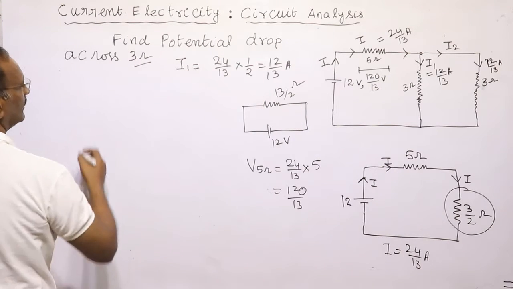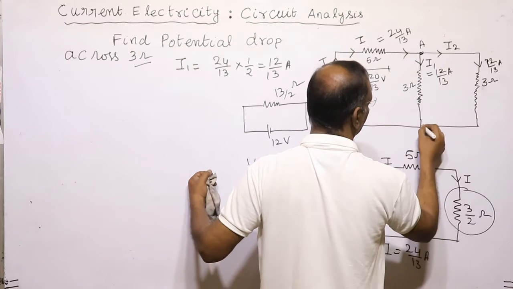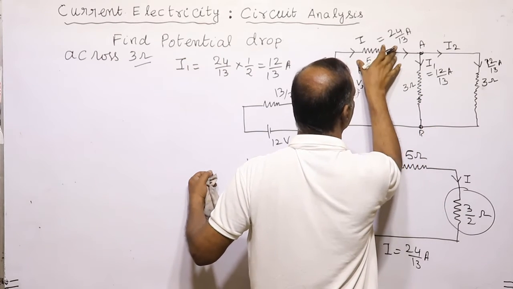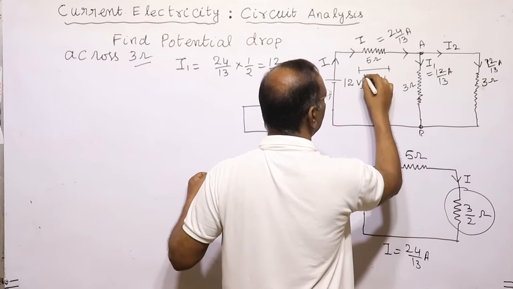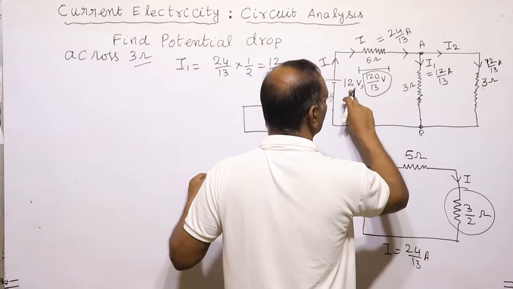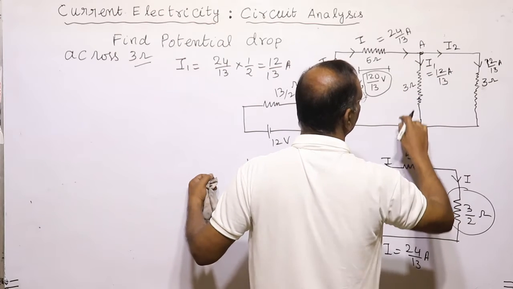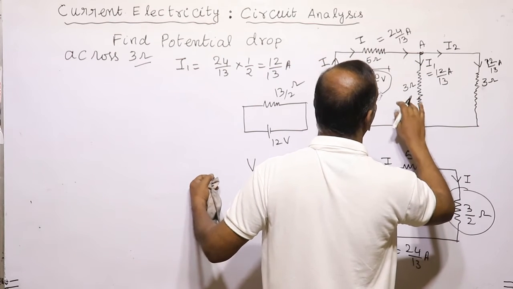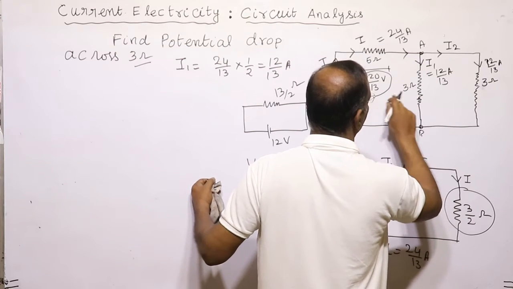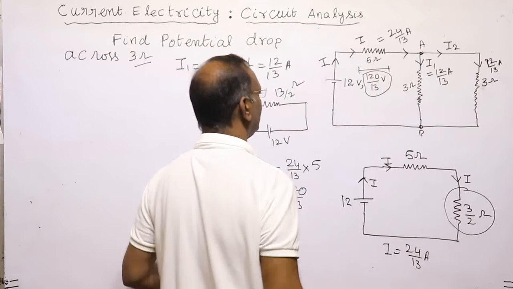Suppose we take these points as A and B. So some voltage has dropped, that is 120 by 13 is dropped here. It means 12 volt minus 120 by 13 volt will be appearing here, and both are in parallel. Whatever voltage is left out will appear here as well as here, because both are in parallel.